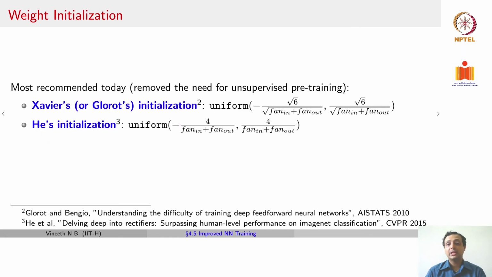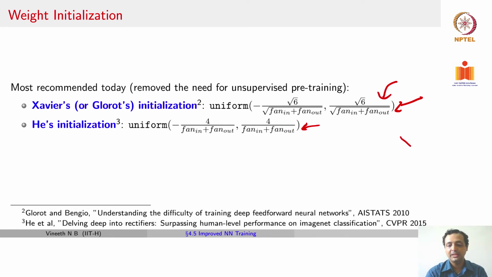Using this idea, there have been a few weight initialization methods that have been developed. The most popular ones today are Xavier's initialization or Glorot's initialization, which is given by this term here. You uniformly sample from a certain range given by these values, or He's initialization, where you uniformly sample in this range.